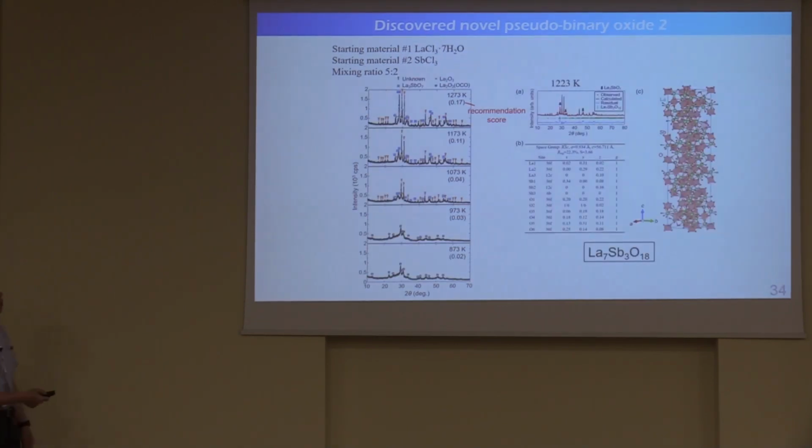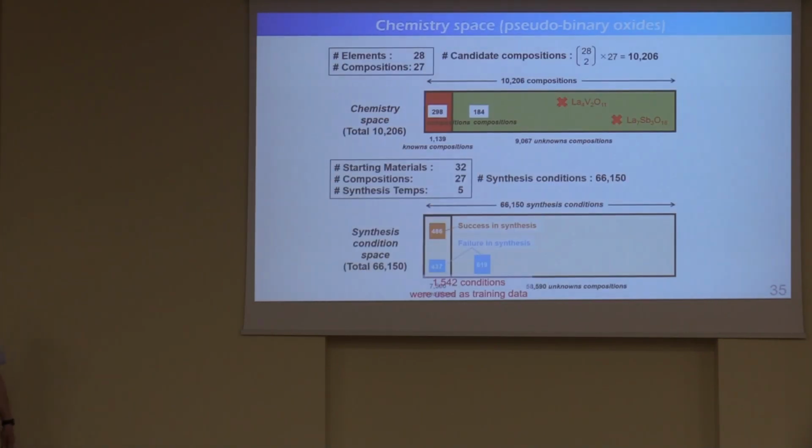Also for this lanthanum antimony containing material, we got a new material. So based on this type of analysis, we successfully synthesized two pseudo-binary oxides within this green zone, which we thought at the beginning it was not possible to find anything new.